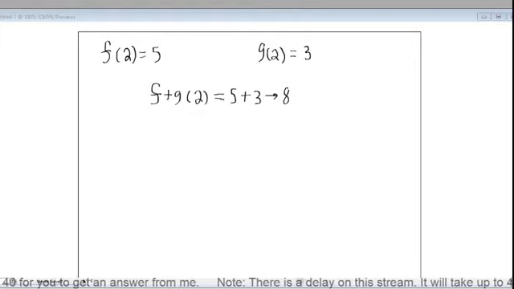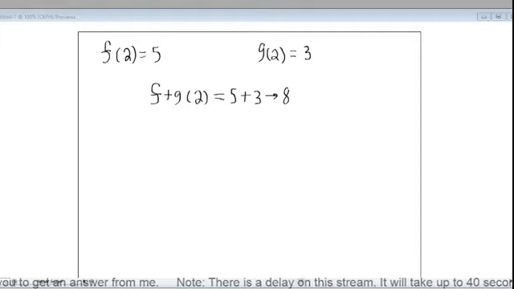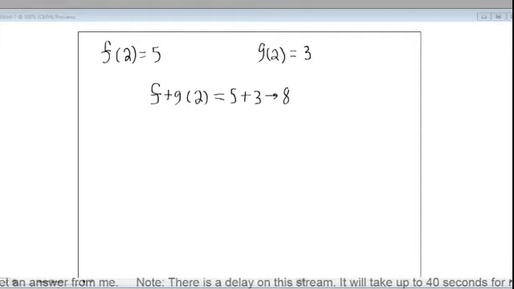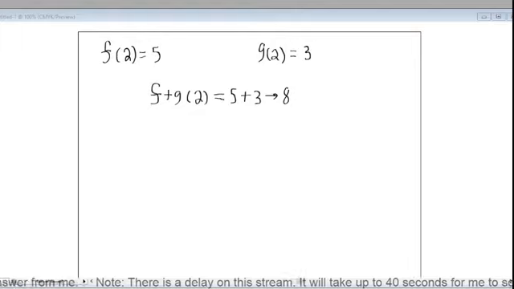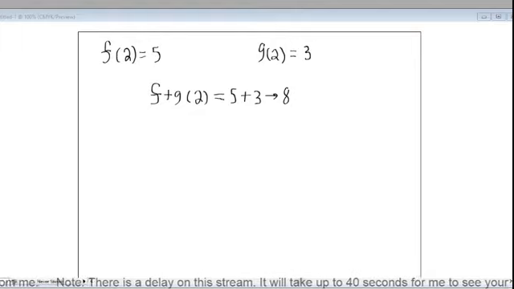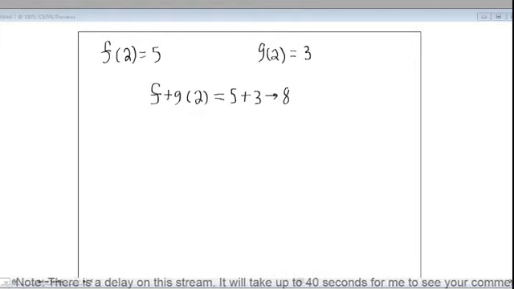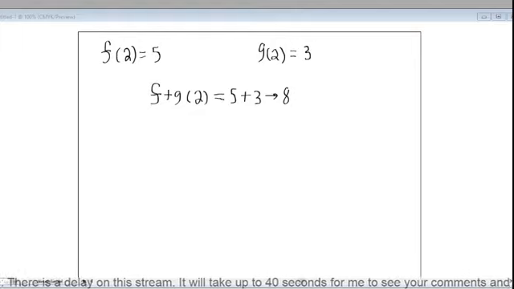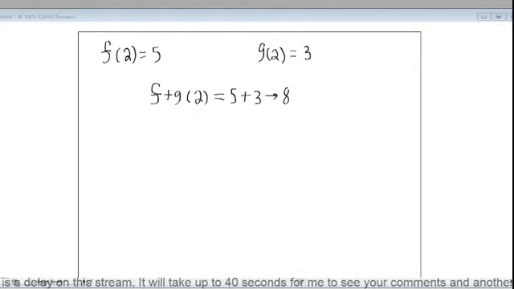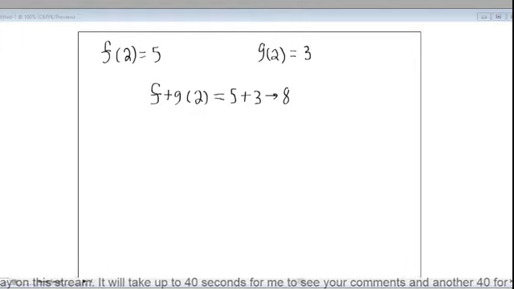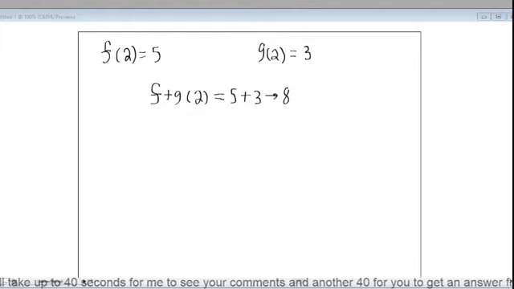So we can have f plus g. And so if we do f plus g at 2, so both of them are getting 2 for their input, and we want to see what their outputs added are. So f plus g of 2, that'd be 5 plus 3, their outputs added. And if we add the outputs here, 5 plus 3 is 8.